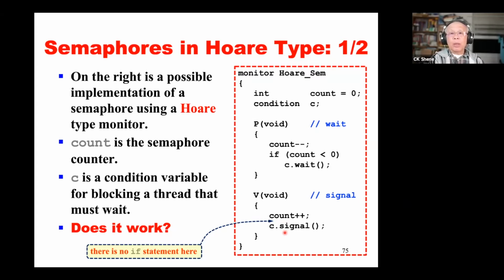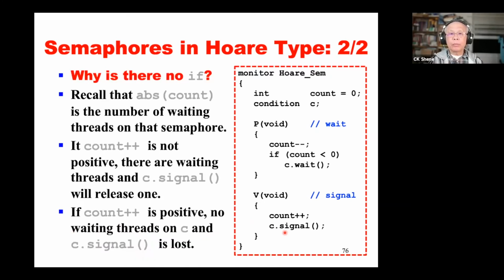Please pause if needed before you continue. Obviously, the P method, that's the wait, implements the semaphore wait correctly. But how about V? Without that if statement, does this method work?